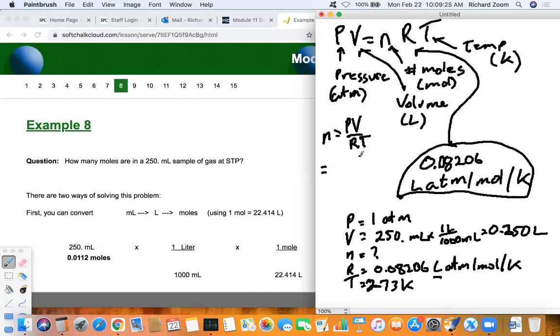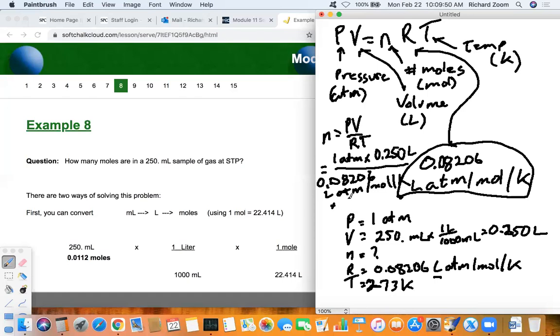Now the pressure is 1 atmosphere. The volume is 0.250 liters. R is 0.08206 liters atmospheres per mole per Kelvin.